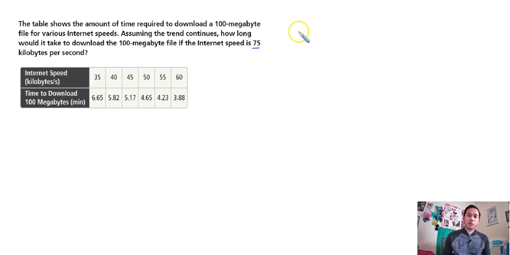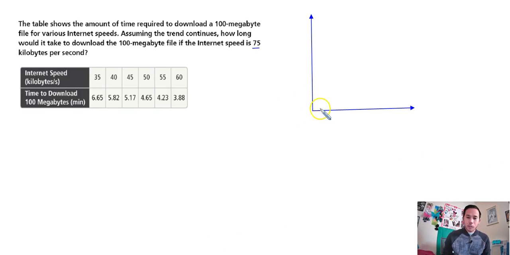So your step one here is I'm going to make a graph. So I'll be using blue. I'm going to make a simple graph here so that you can visualize how it looks.